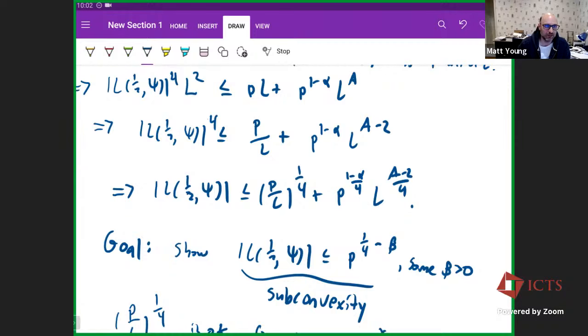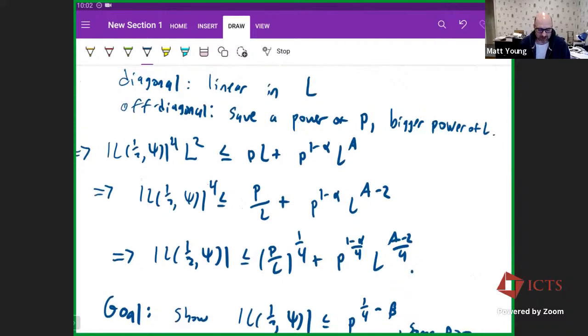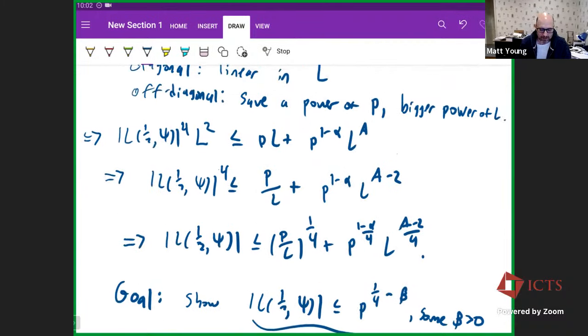Usually we think of amplifiers as something you use because, without the amplifier, if I studied this with L equals 1, maybe I could get a diagonal term of size P and then a power-saving error term like P to the 1 minus alpha. The error term looks good.